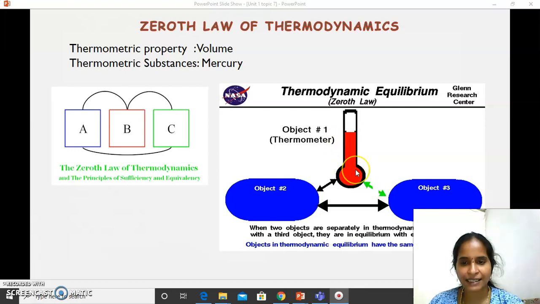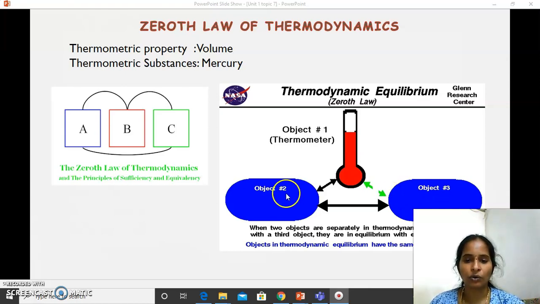So now if this thermometer with the standard settings and measurement availability is brought into contact with the new object, and the temperature of this new object comes into contact with the thermometer, the expansion in the mercury present in the thermometer will expand or contract depending upon the temperature of object 3, by which we can measure the property temperature.